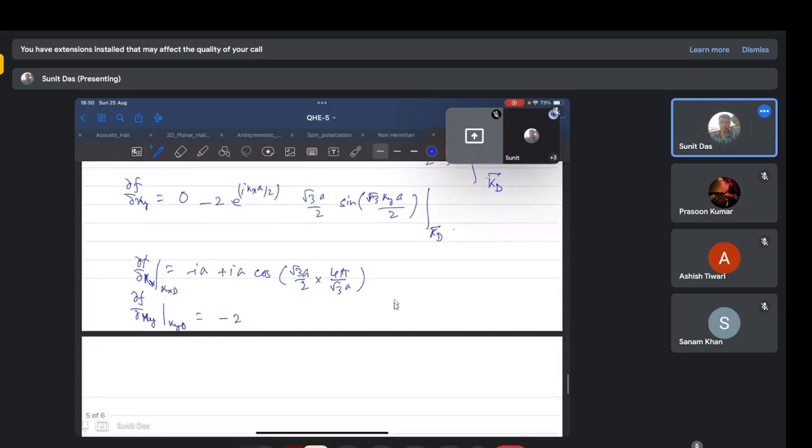Similarly here, 2 into 1 into root 3a by 2, sine root 3 root 3a by 2 into 4 pi by root 3a. So this part will be simply minus ia.